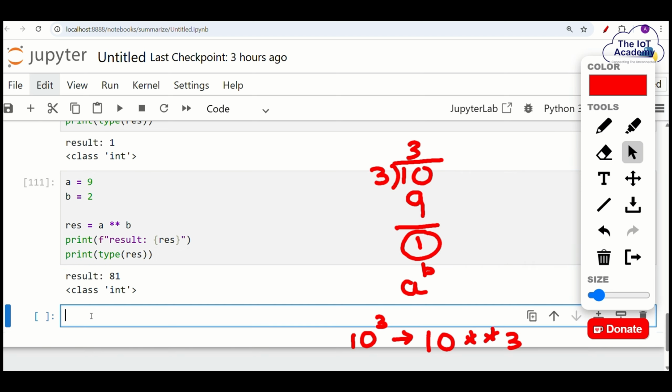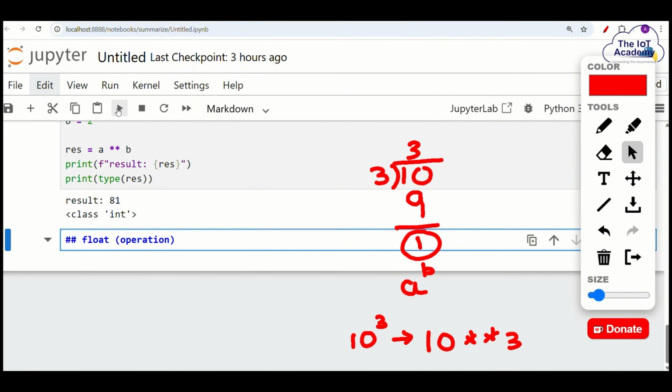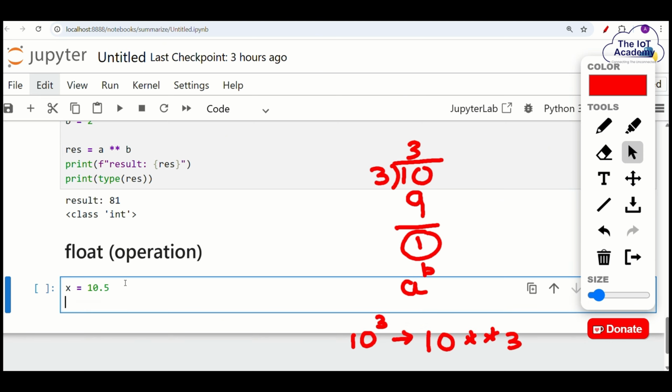Then comes float. What are the different operations you can do with float? Okay, float variables. Let's talk about some of the operations we can do with float. Let's turn this into a markdown cell. These are my notes. Let's say you have variables x equal to 10.5, and y equal to 2.5.